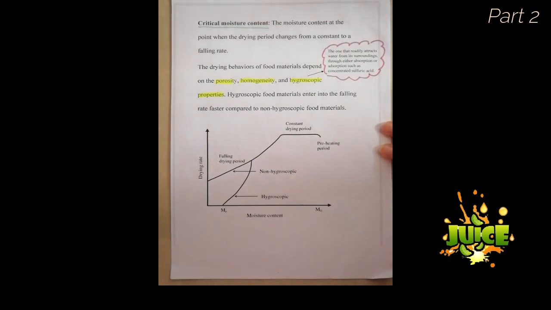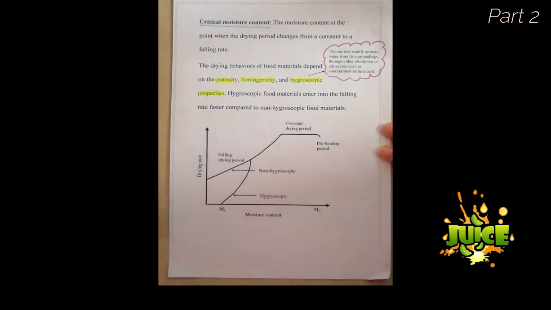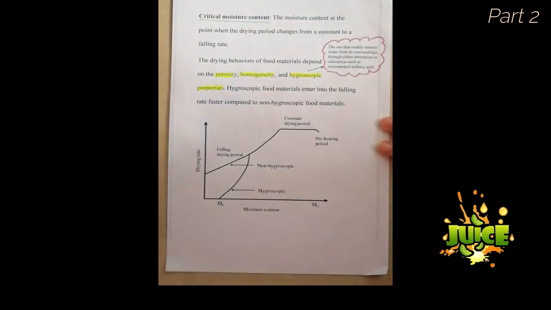What is hygroscopic property? Hygroscopic property is the one that readily attracts water from its surrounding through absorption or adsorption. Hygroscopic food material will enter into the falling rate faster compared to non-hygroscopic food material. In hygroscopic food material, more than one falling rate period occurs.